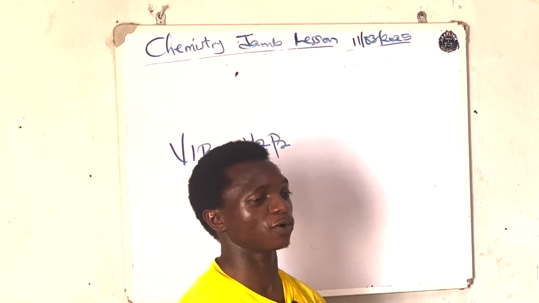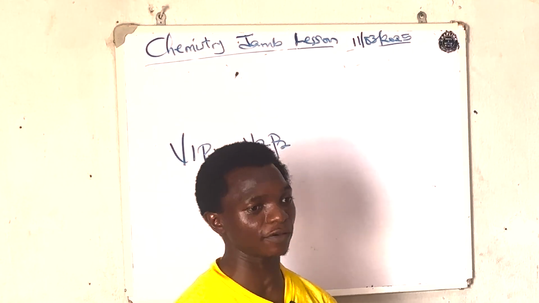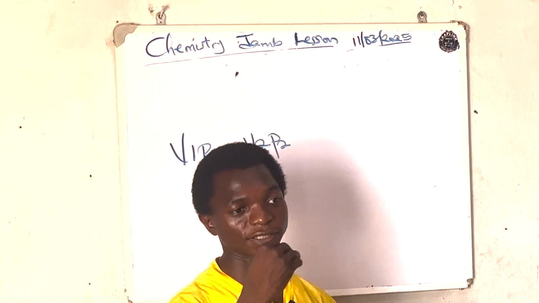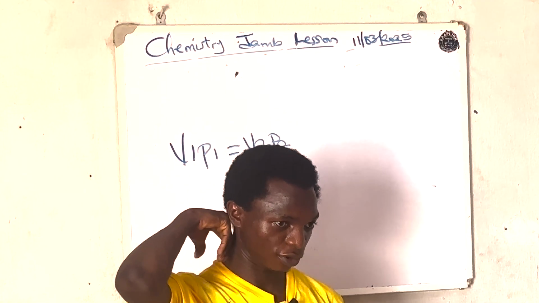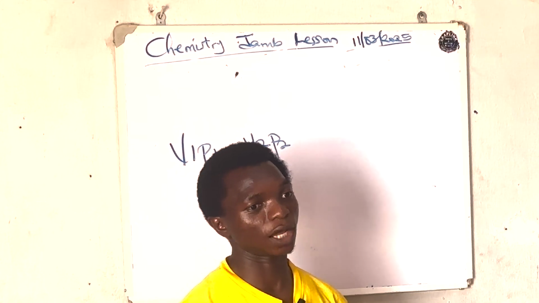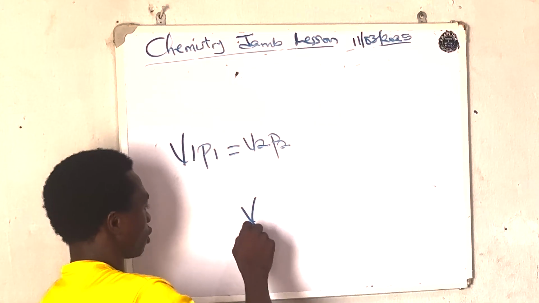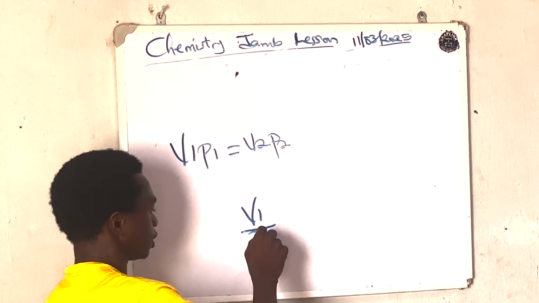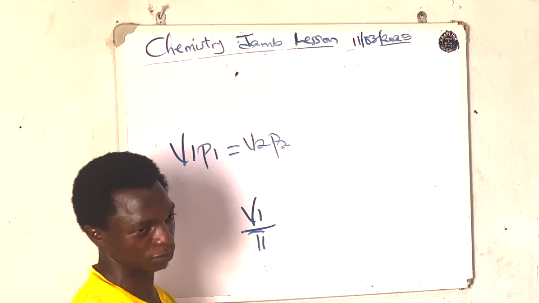While in Charles' law, it says the volume of a given mass of a gas is directly proportional to its temperature, provided that the pressure remains constant. Charles also said when the volume of the gas increases by 1, the temperature will also increase by 1 in the same proportion.